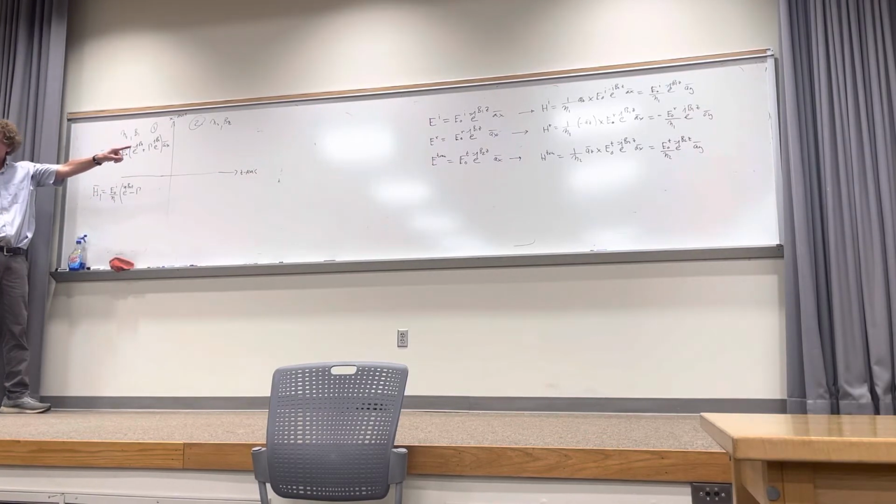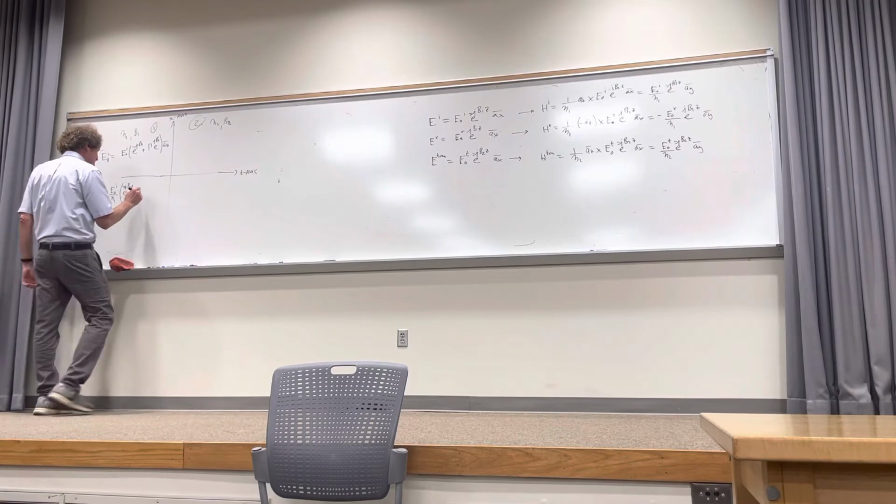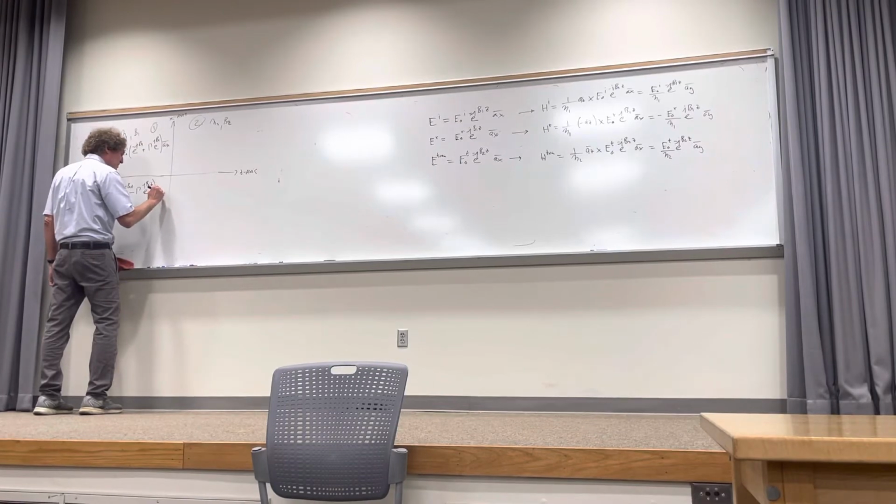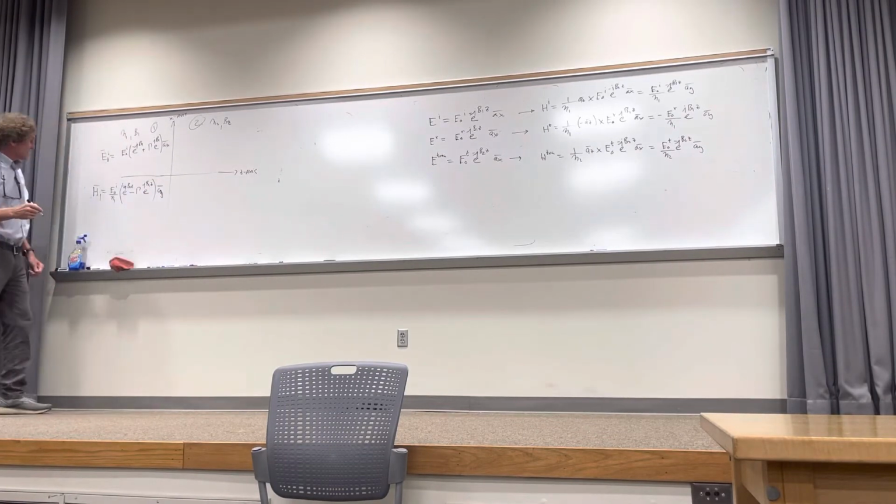Take a look. Y'all see it? It's going to be that times e to the plus j beta 1 z, and it would be in the a_y direction. Now that's the total magnetic and electric field in region 1, written using a shorthand notation, the reflection coefficient.